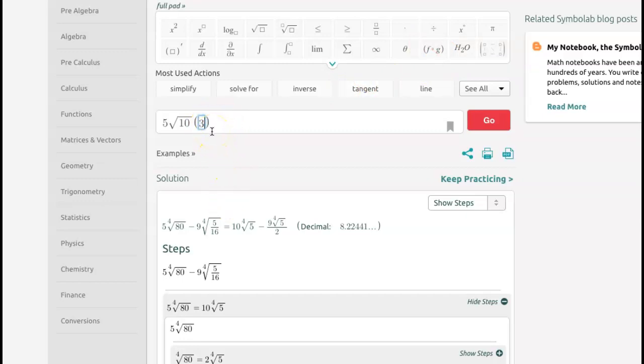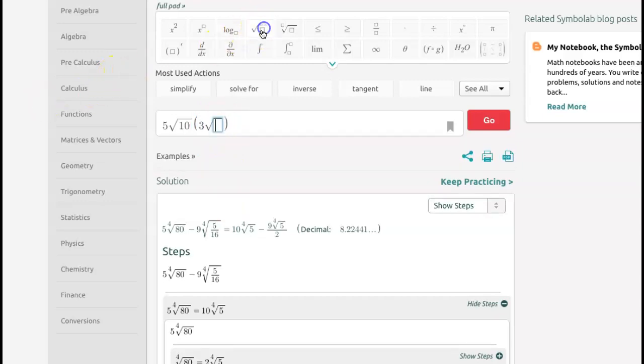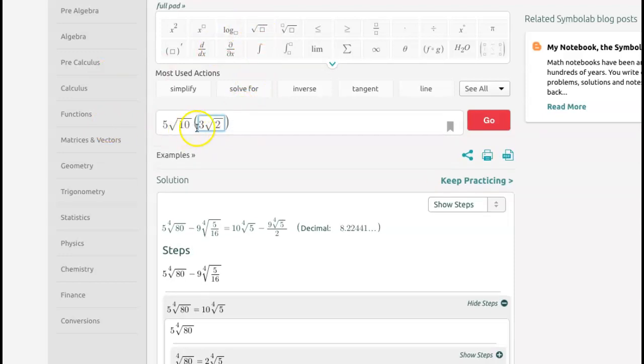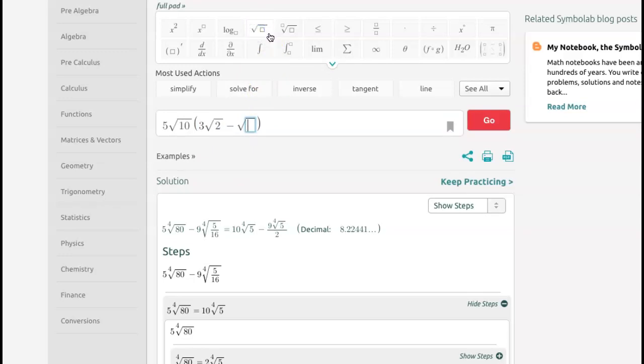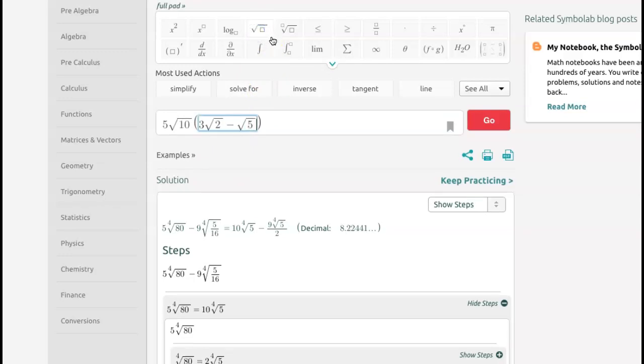And so what I want is 3, and we want square root 2. And I'll just use my arrow key to get out of that box, so I'm inside the parentheses. Minus, and then we want to do square root 5. And that's it. Okay, and let's see what happens.